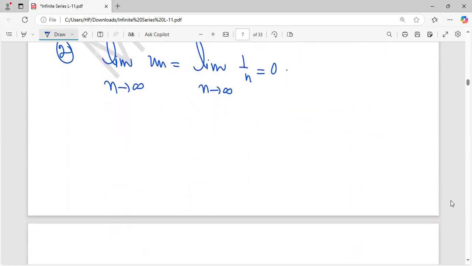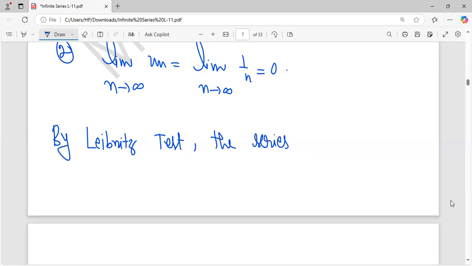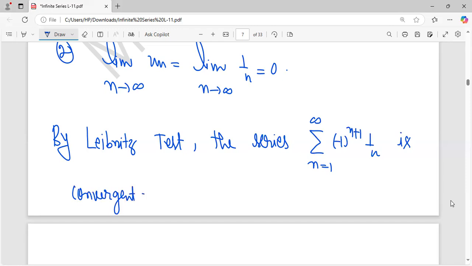That is also satisfied. By the Leibniz test, the series is convergent.